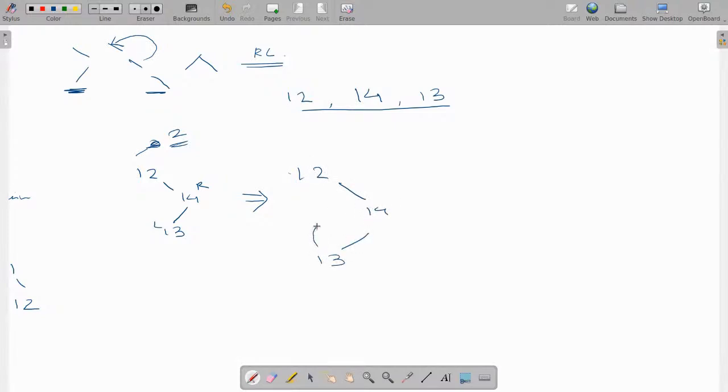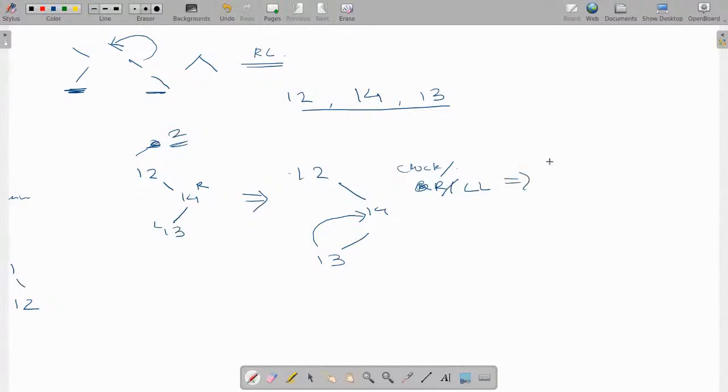So we'll first perform a clockwise rotation here, or you can say we first perform the right rotation here, or we can say that we perform an LL rotation first. Okay.